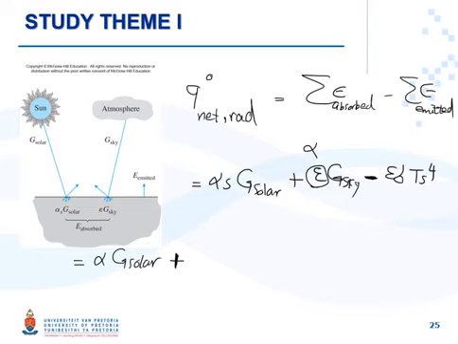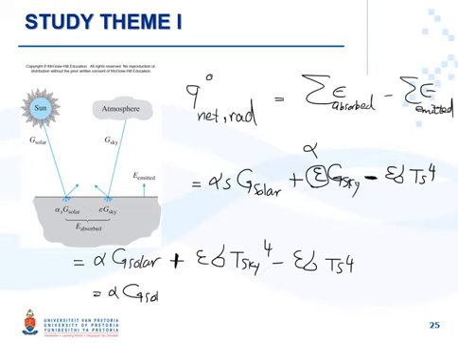Instead of alpha we can put epsilon, so epsilon G sky, which is sigma T_sky to the power of 4, minus epsilon sigma T_S to the power of 4. So it's alpha G solar plus epsilon sigma times T_sky to the power of 4 minus T_surface to the power of 4.